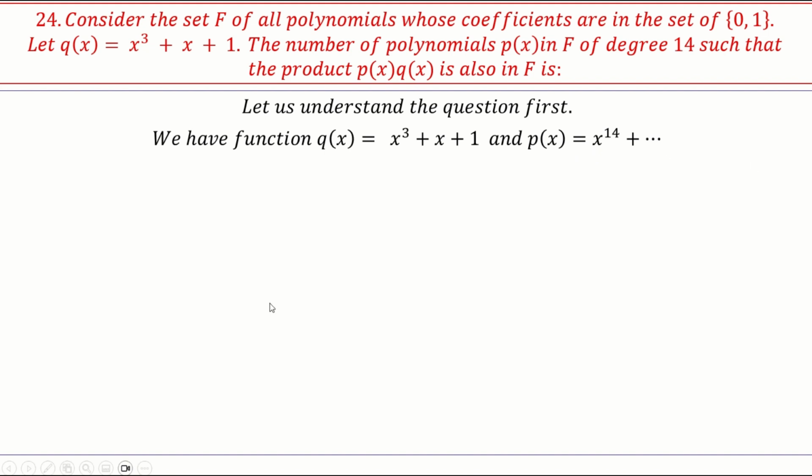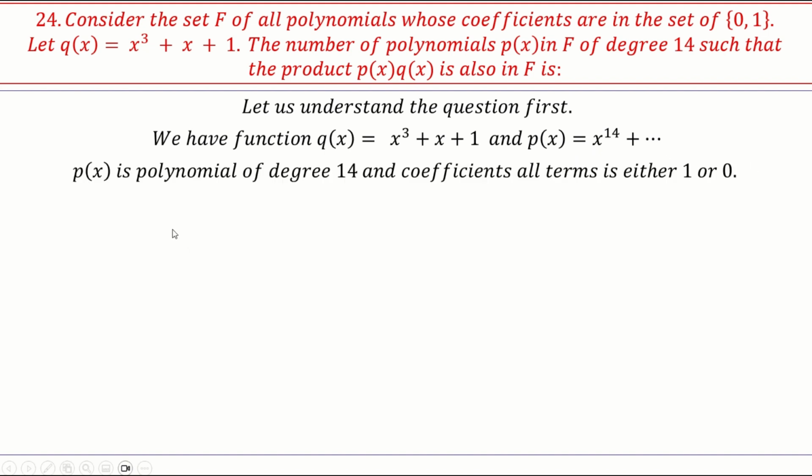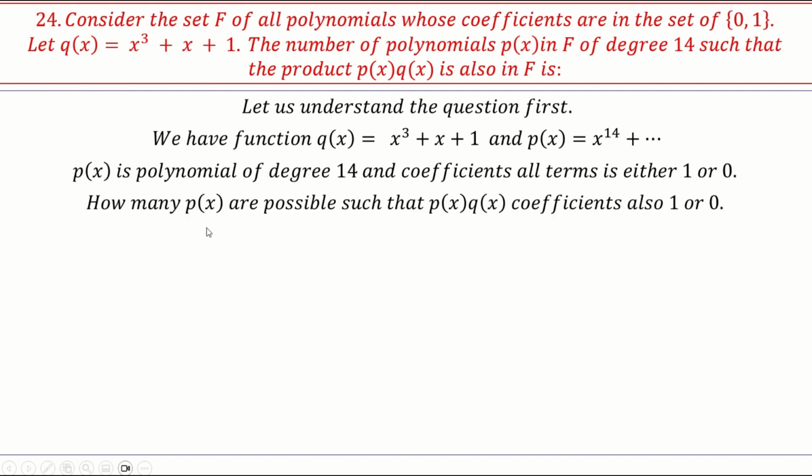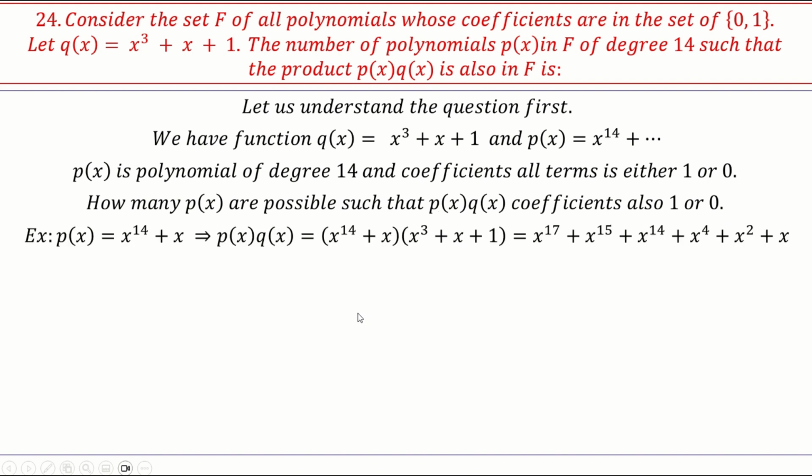Now if I multiply P(x) and Q(x), I should get a polynomial with coefficients only 1 or 0. Only then I will consider that as a P(x). And now the question is, how many such P(x)'s are possible?